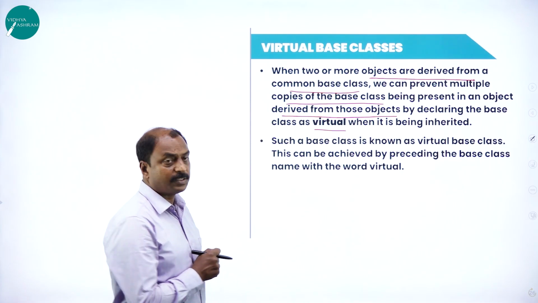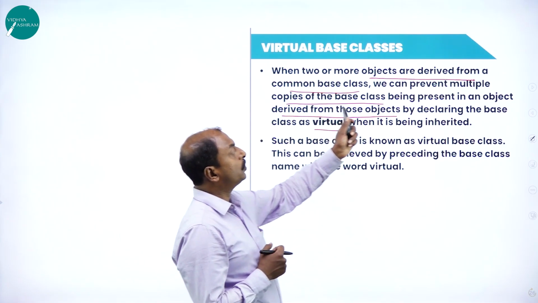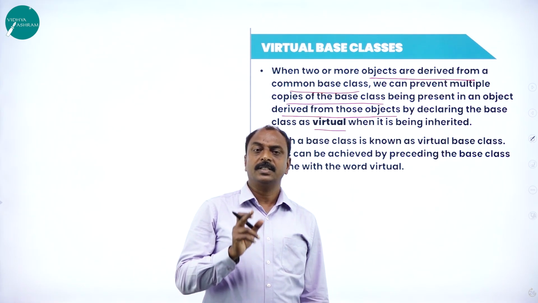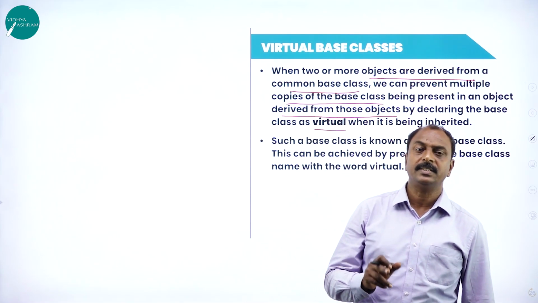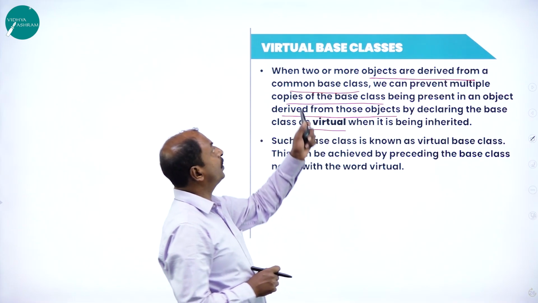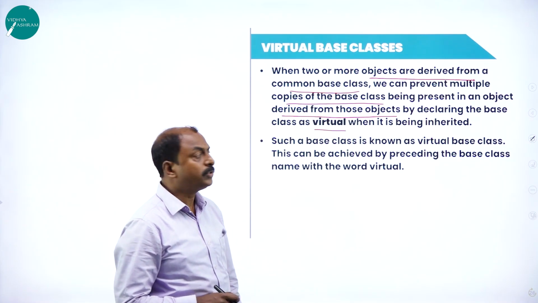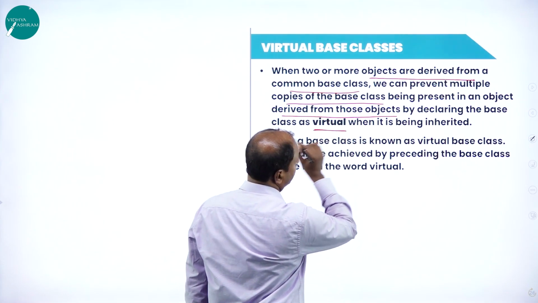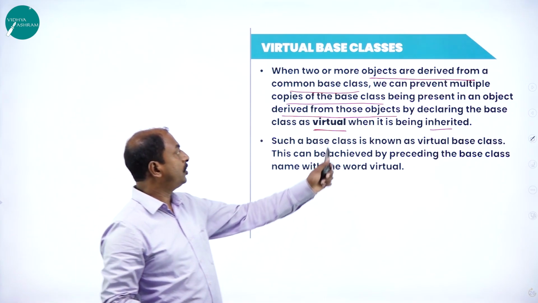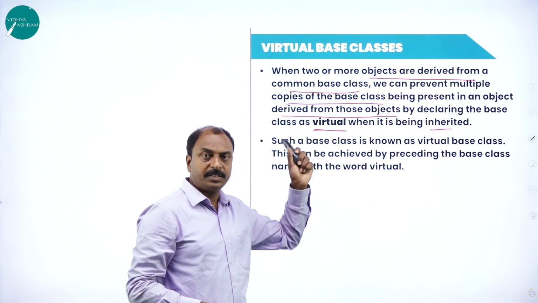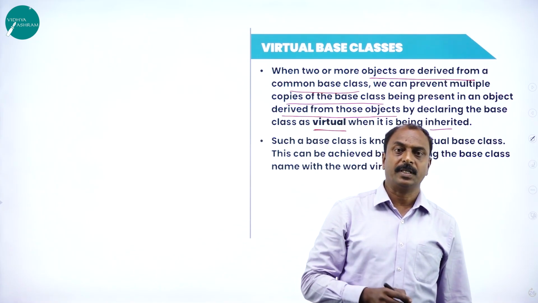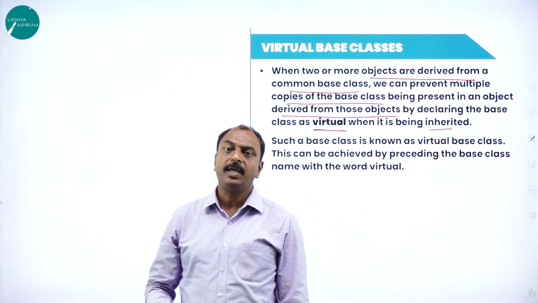So with respect to that, copying the same object of a base class to the derived class can be avoided by using a virtual base class, by using the reserved word virtual when it is being inherited.